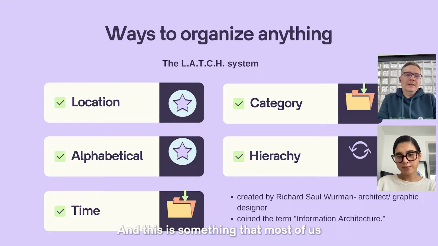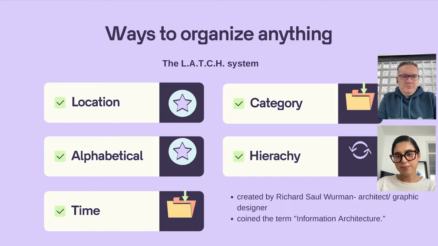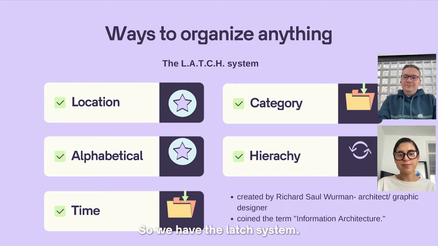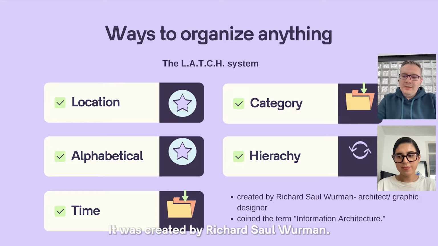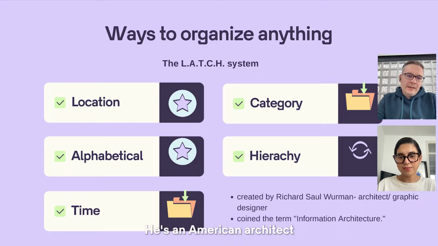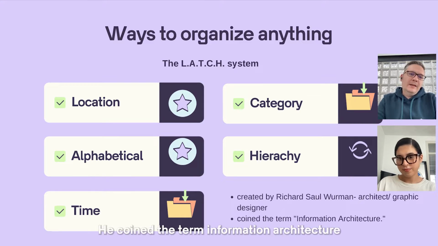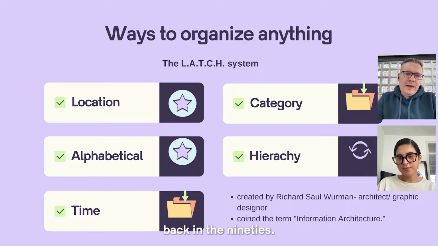And this is something that most of us, let's be fair, every one of us is using in one way or another. So we have the LATCH system. It was created by Richard Saul Wurman. He's an American architect and graphic designer. He coined the term information architecture back in the 60s.